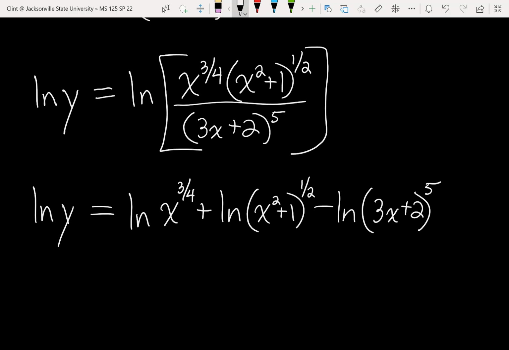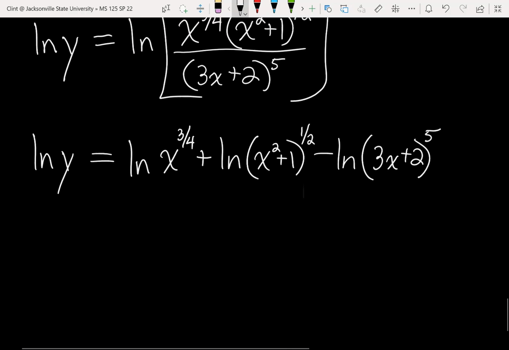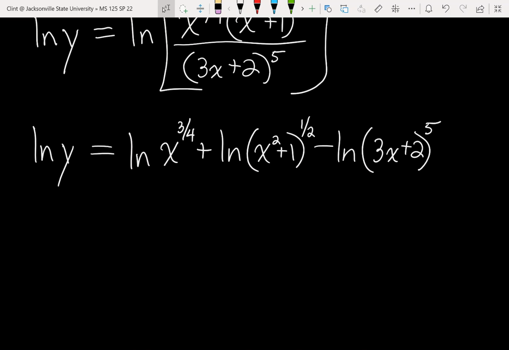So then what else can we do? We can do something else that's nice. We've got another property of logarithms: all those powers we just move out front. So that really helps, because then we just use our constant factor rule.